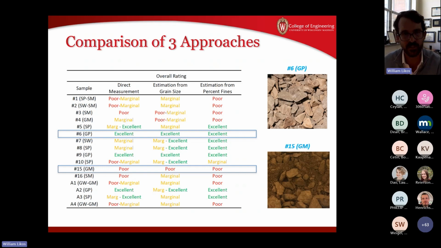And if anything, the estimates from grain size are a little bit, I'll say, optimistic. We would get a more excellent or a few more marginals in that column. But overall, there is consistent correlation between direct measurements and these relatively simple estimation approaches. And so that's what we're trying to bring here. For this specific data set, for materials that can be used or have been used in roadway-based construction, can we screen them for drainability using relatively simple measurements?